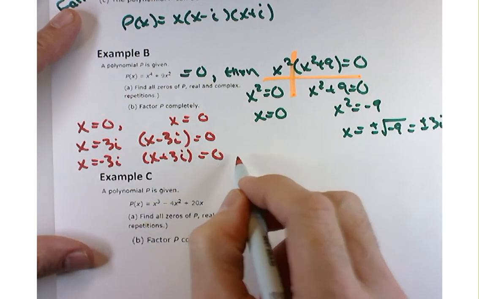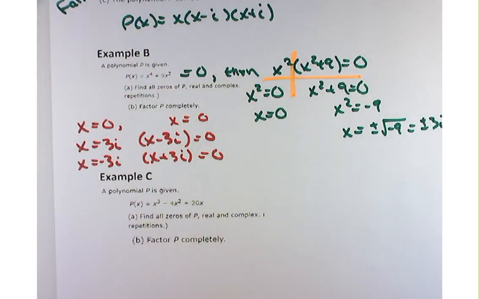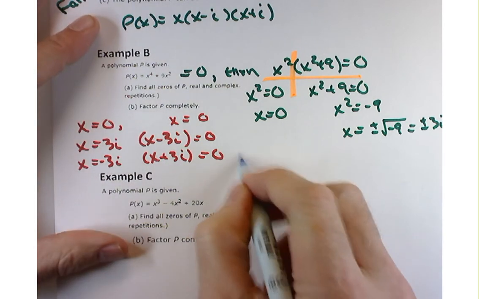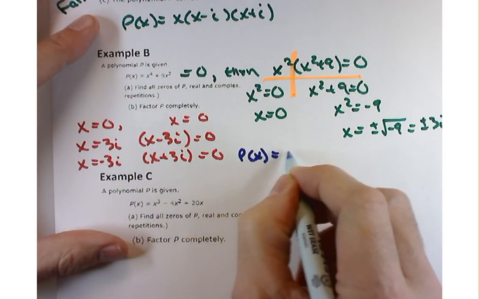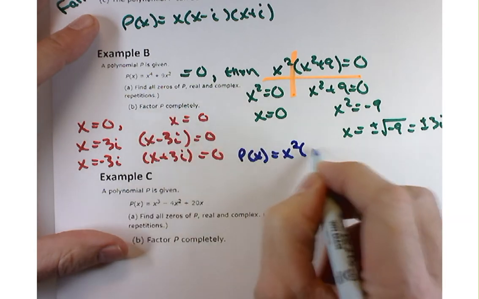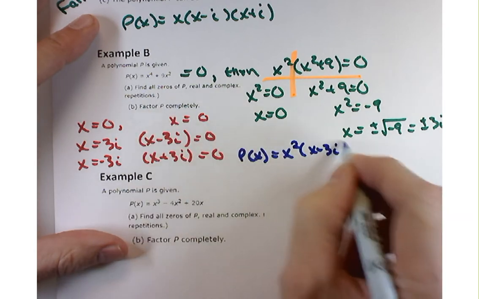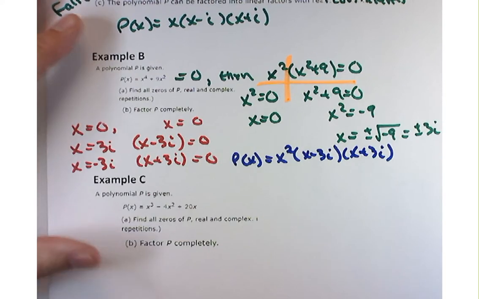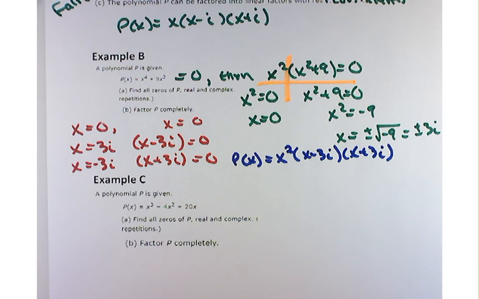P of x is then going to be the product of all 3 of these. So P of x is going to be x squared times x minus 3i times x plus 3i. Beautiful. So we found all the roots and we found all the factors.